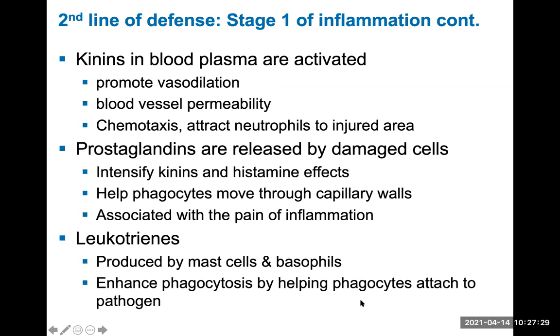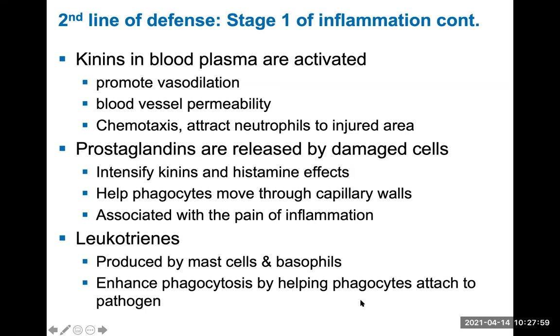Prostaglandins are also released by damaged cells to intensify the activity of kinin and histamine, so an amplification of blood vessel dilation and permeability. They're also going to help phagocytes to move through the capillary wall to get from blood into the tissue. And we do also associate prostaglandins with an increase in pain.